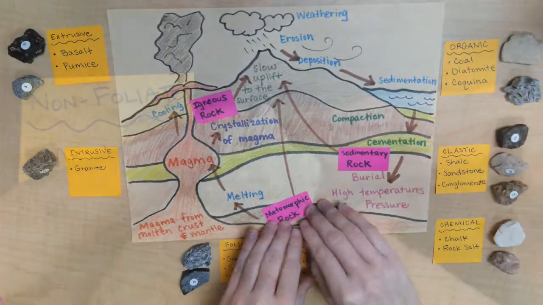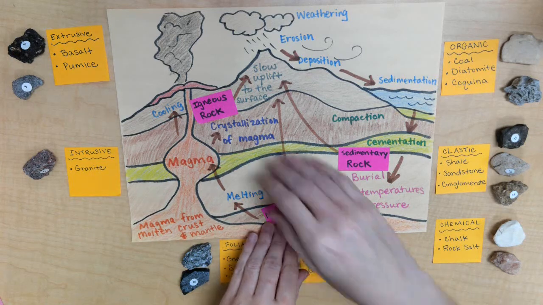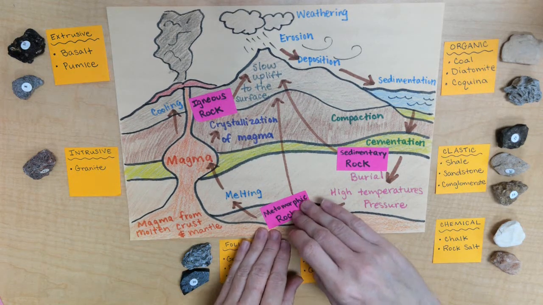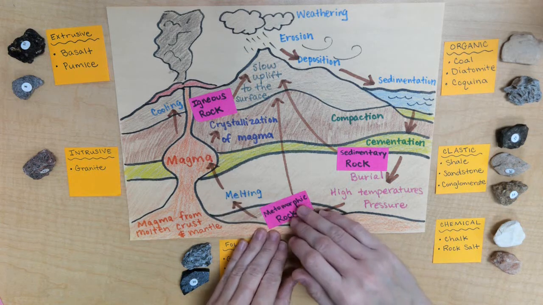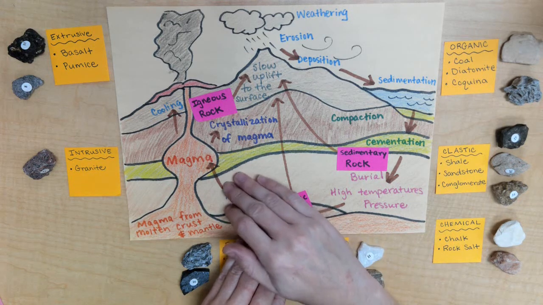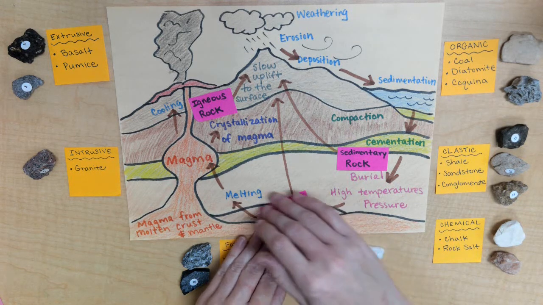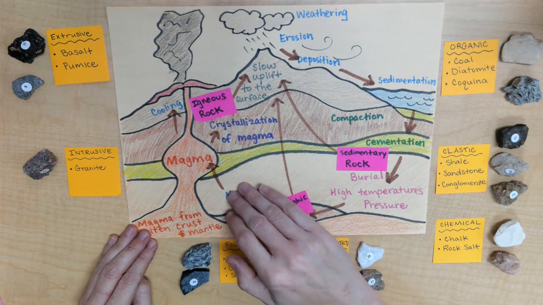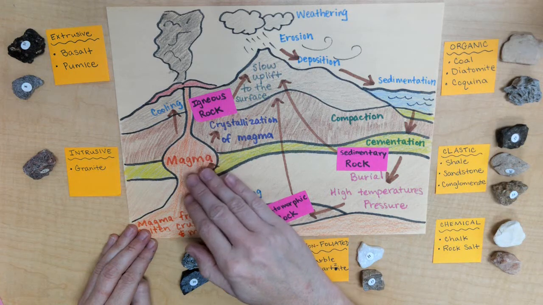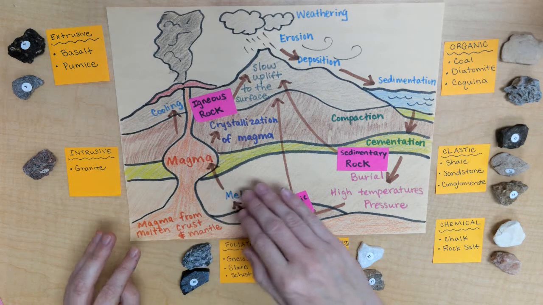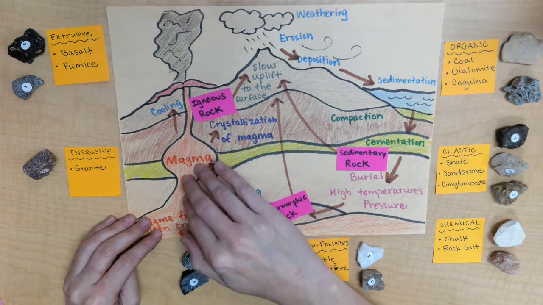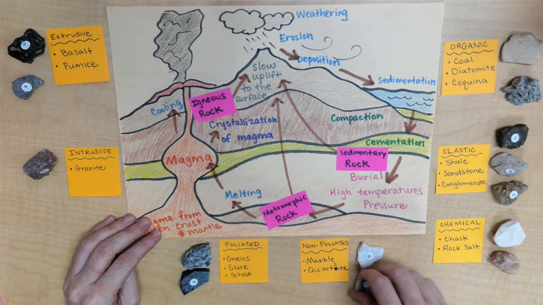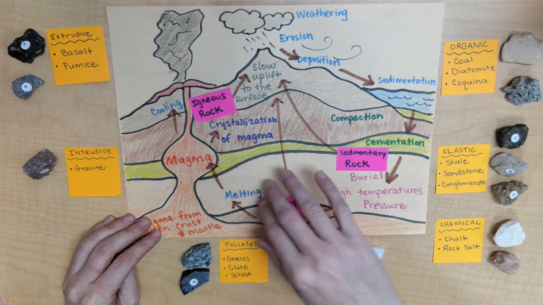And when we go from metamorphic to igneous, that just means that the rock is starting to melt. It's getting super hot, going from a solid to a liquid. And as it does that, it turns into magma. Now, the magma, as it rises to the surface, it can do one of two things.